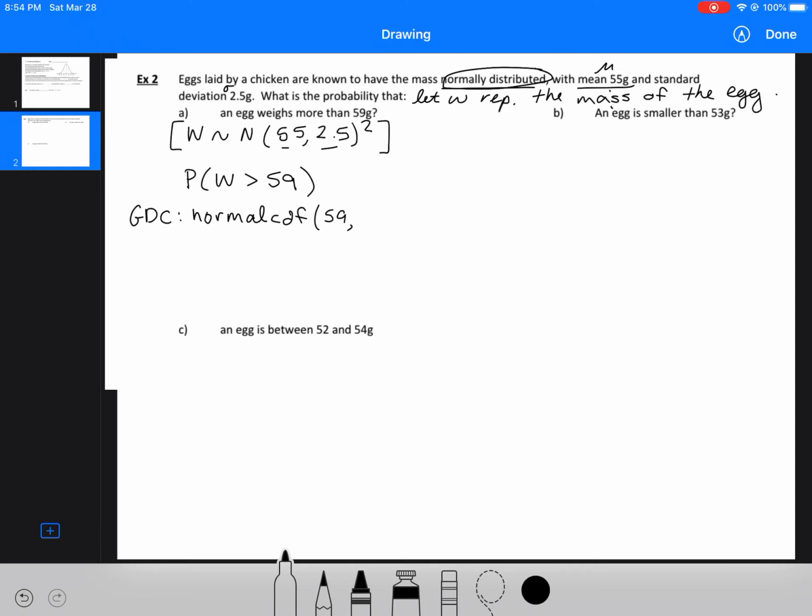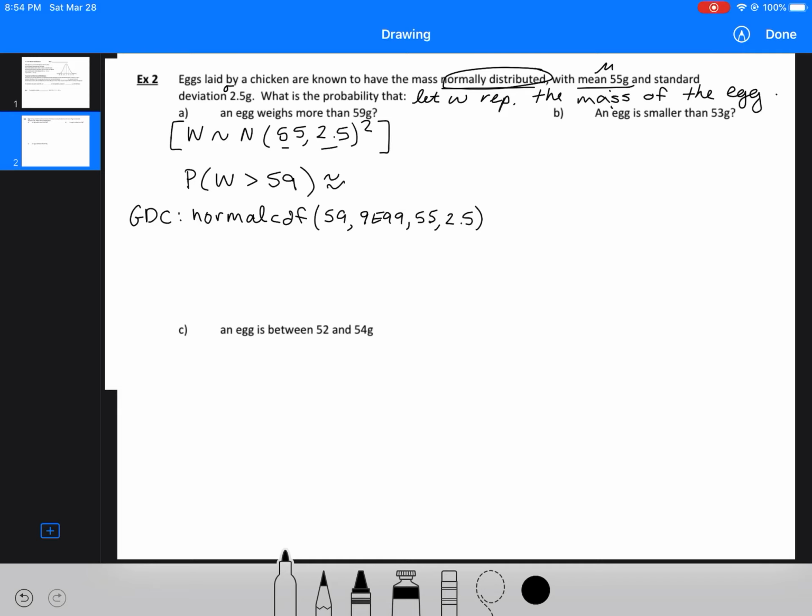So our lower limit is 59, and our right-hand limit is just a really big positive number. Then we've got our mean and standard deviation.